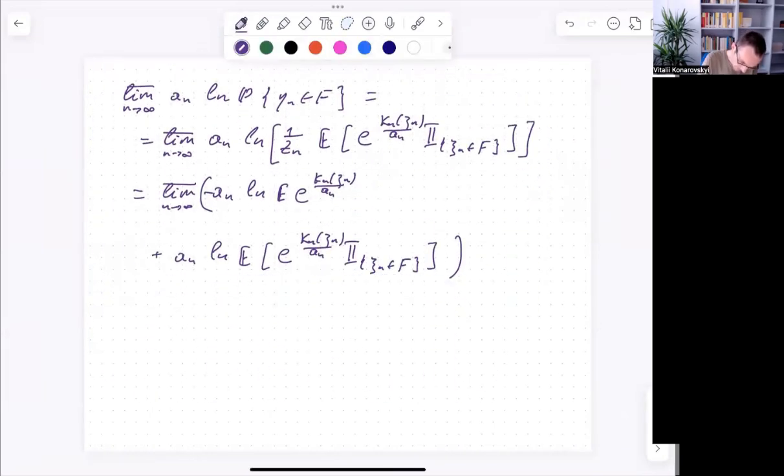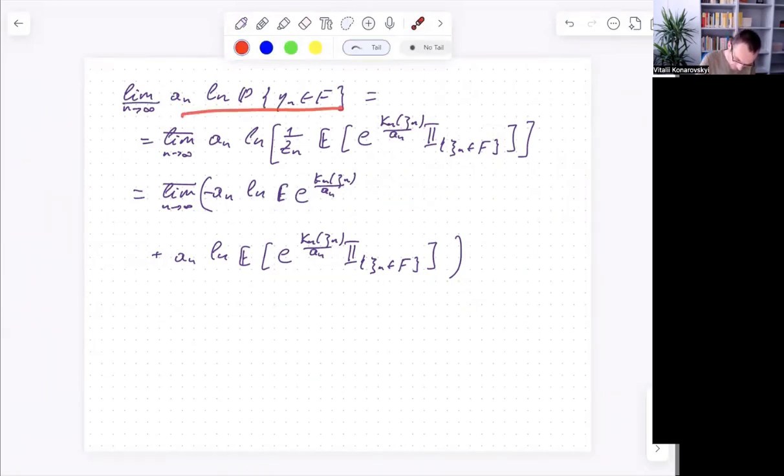Now we have the lower limit of this probability. Then, as before, just using the fact that this probability is given by that formula, we write it here, but we also need to change that line to lim inf.